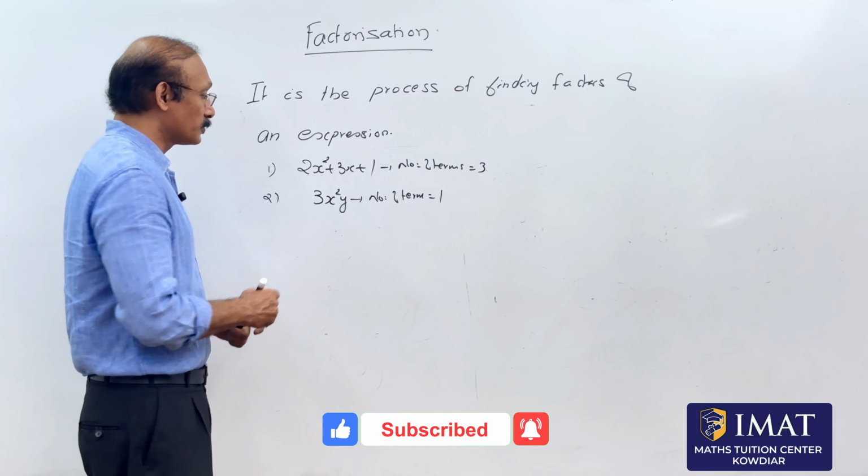There are various methods of reducing an algebraic expression to one term. I'll tell you one method today. This method is called taking out common factors.